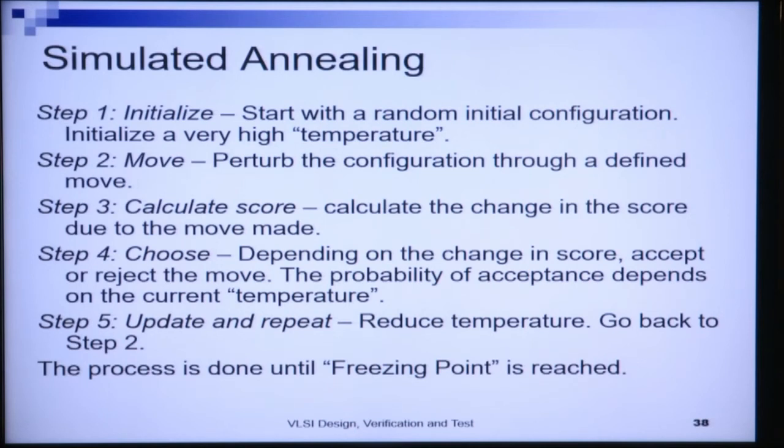Now, depending on the change in score, we either accept or reject the move. The probability of acceptance depends on the current temperature that we have.